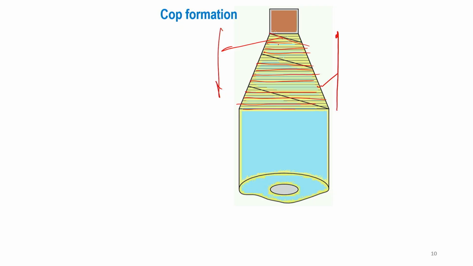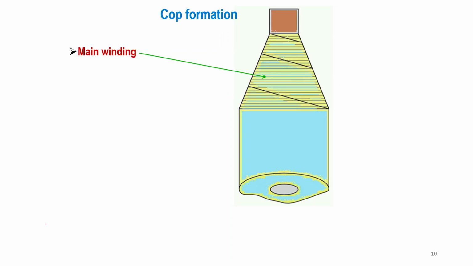So that will have the binding effect. These are the main winding during the slow upward motion of the ring rail.